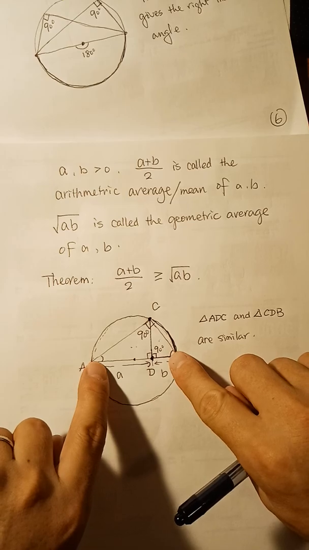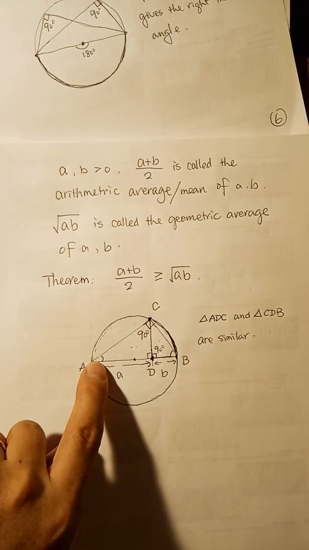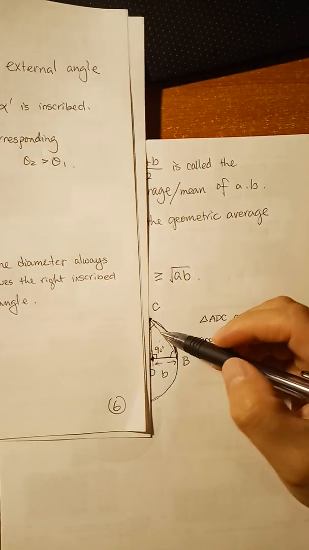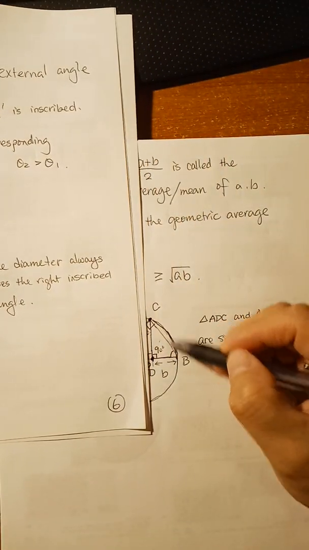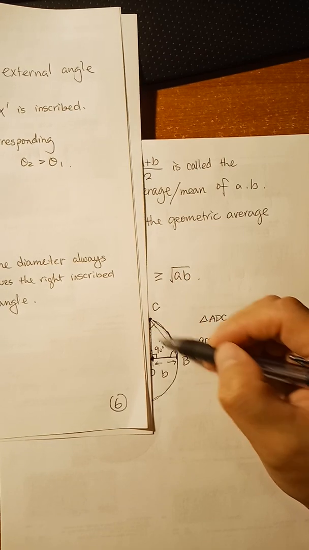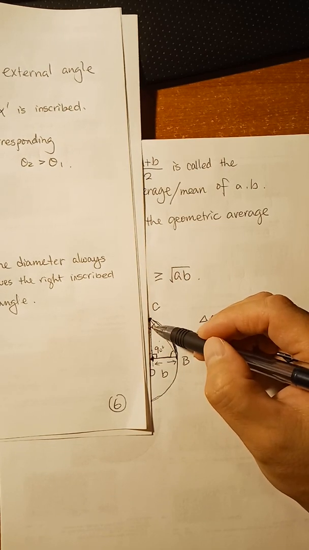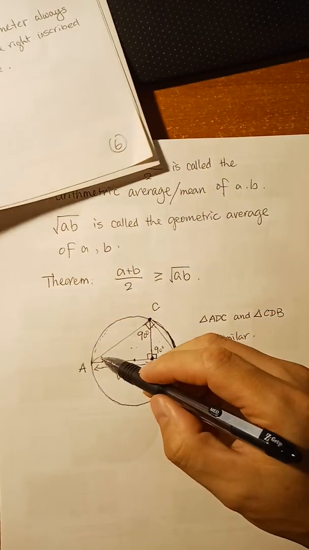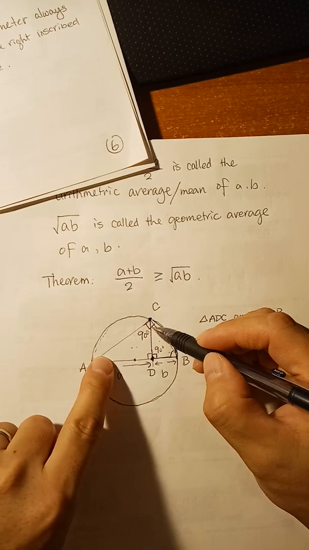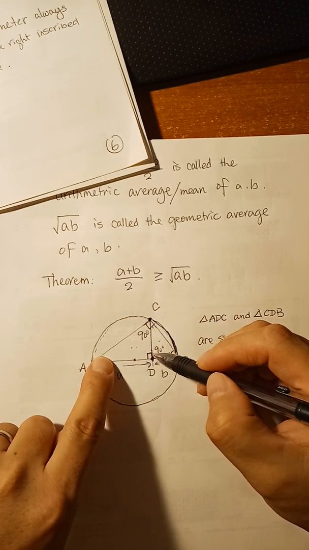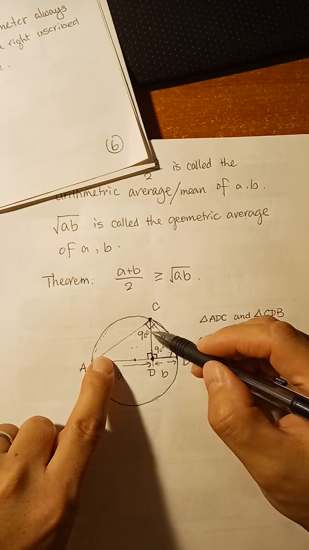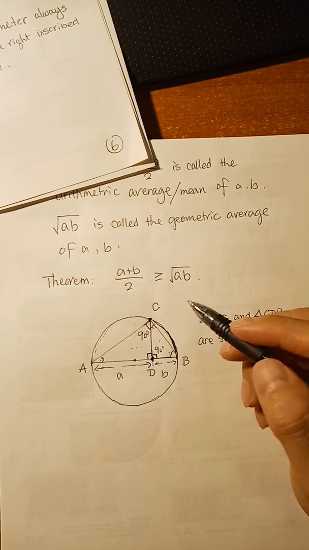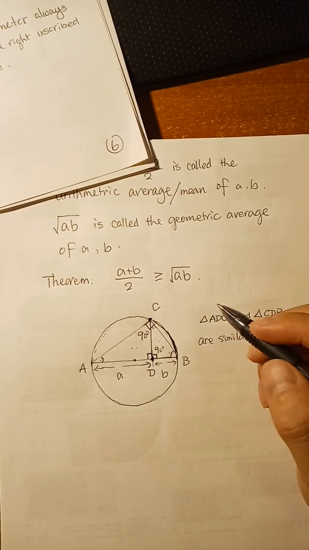The sum of the two acute angles is 90 degrees. For this small right triangle, B plus the top angle is also 90 degrees. So those two angles are the same. Here you have right angles, equal to each other. So for right triangles, if a pair of acute angles are equal, those two right triangles are similar.